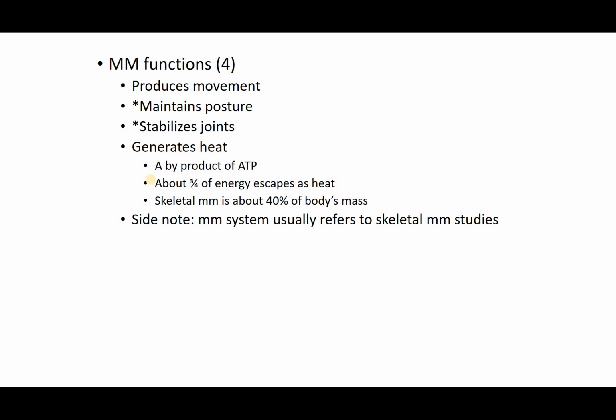Okay, skeletal muscle function. It does help produce movement, helps maintain our posture, and stabilize our joints. I have these in asterisks on purpose because later we're going to look at some research on that, and because of the line of work that I do with neuromusculoskeletal problems, a big component to overall health in terms of neuromusculoskeletal health is having a strong core and having muscles that are able to stabilize.